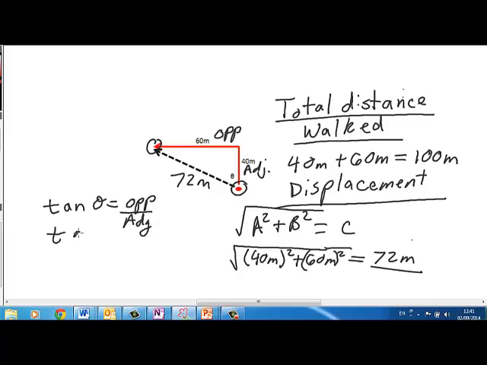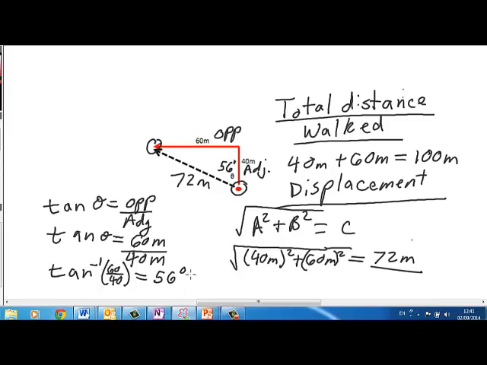Tan theta is going to be 60 meters over 40 meters. Then I need to take an inverse tan function to solve for my angle. And I find that the angle of my displacement is 56 degrees.